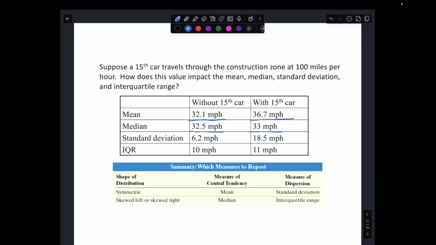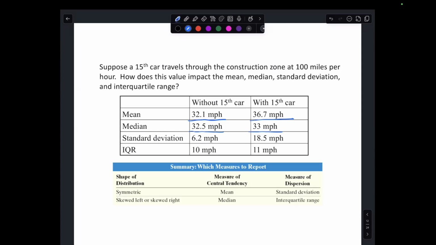My standard deviation without the 15th car is 6.2 miles per hour. With the 15th car, my standard deviation jumped to 18.5. That's a huge difference. The IQR just went from 10 to 11, so it hardly moved at all. If you have a nice symmetric bell-shaped distribution, you're going to use mean and standard deviation.